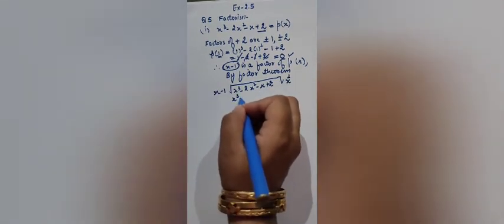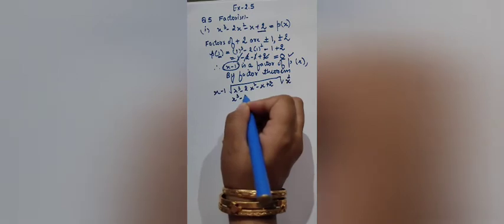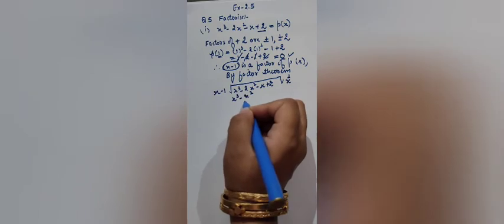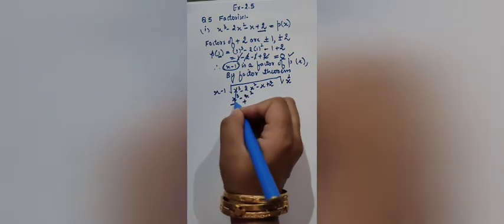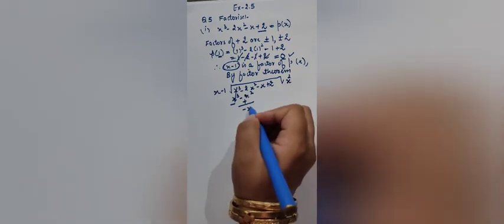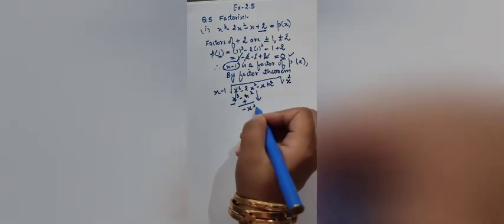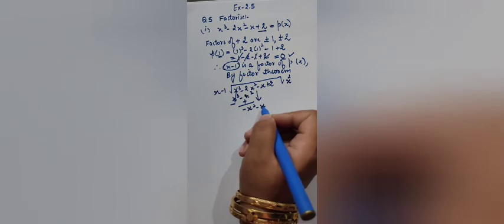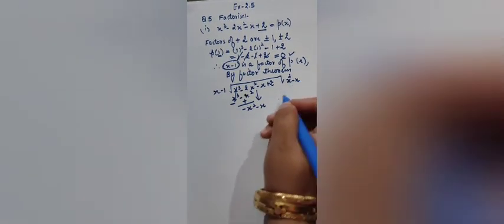So x cube minus, it will be minus 1 into x square will be minus x square, so signs will be changed and it will be cancelled, and I will get minus x square here, and I will bring down minus x from here. Okay, so after this again I need minus x square here, so I will multiply it with minus x.